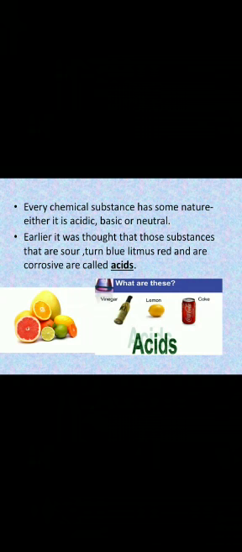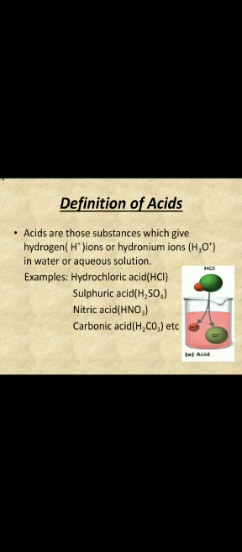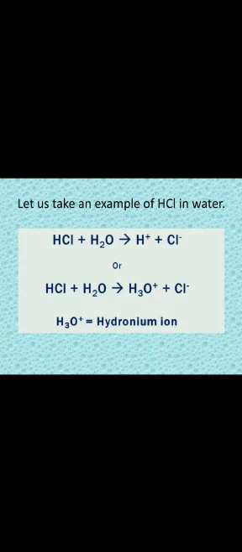Let's move on to the actual definition of acids. Acids are those substances which give hydrogen ions, that is H+ ions, or hydronium ions, that is H3O+ ions in water or aqueous solution. For example, hydrochloric acid, sulfuric acid, nitric acid, carbonic acid, etc. Let's take an example of HCl in water.